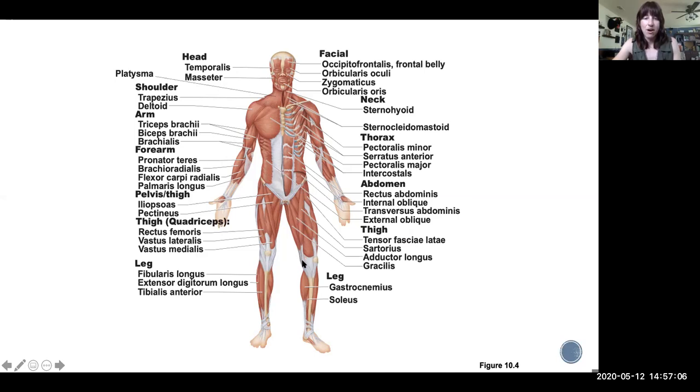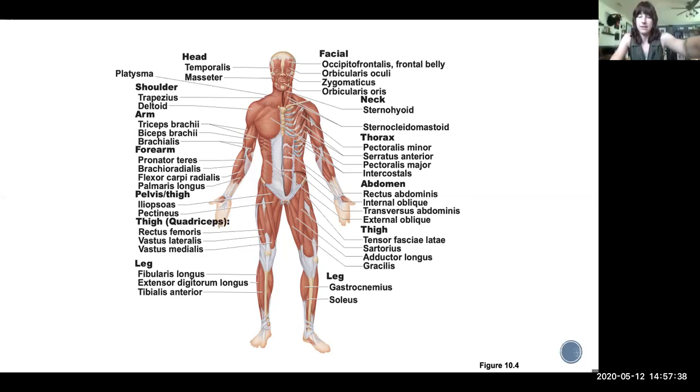And inserts over here on the side of the knee. When it contracts, it's going to help you to rotate medially this leg, okay? So that sartorius muscle is coming from here to here, all across the front here. So when it contracts this way, it's going to be pulling the leg around in a medial rotation, okay?